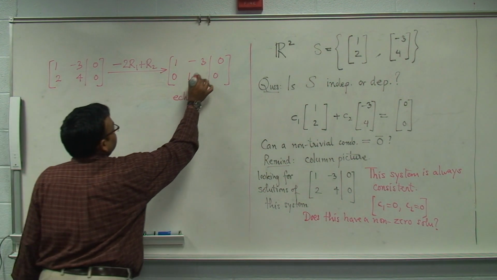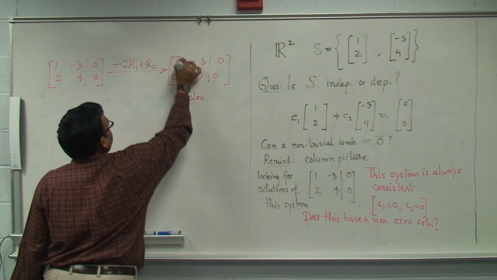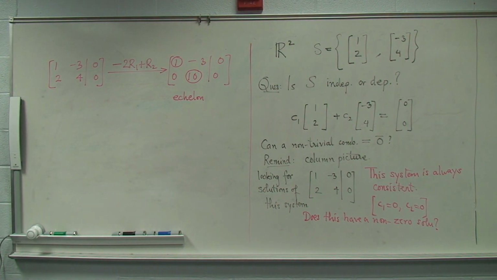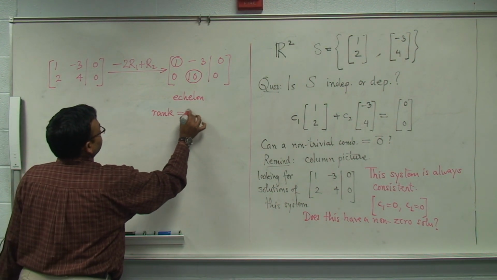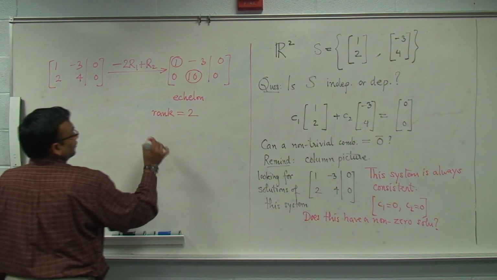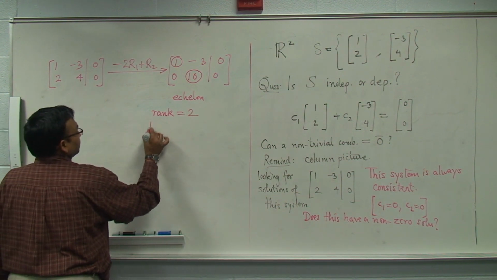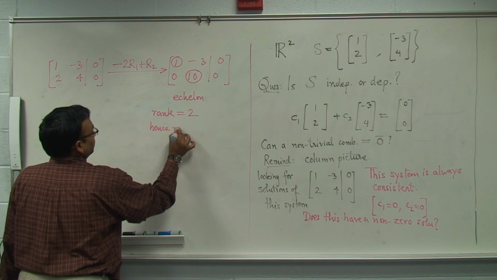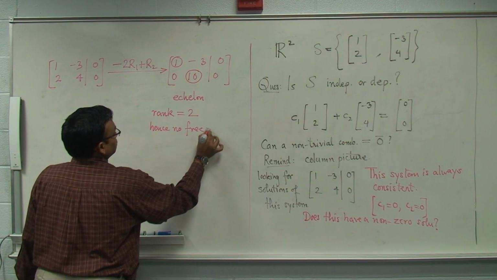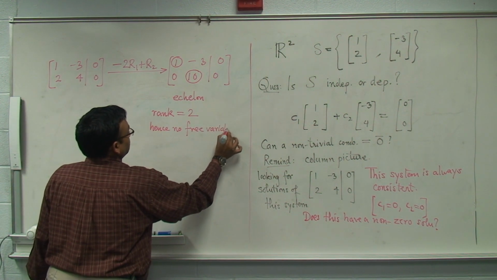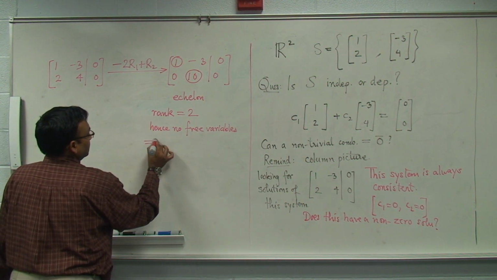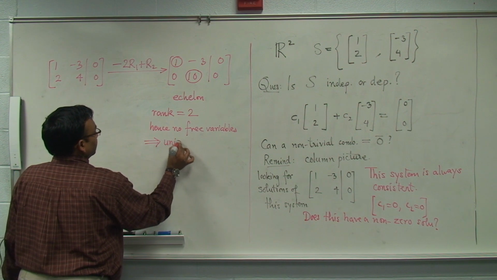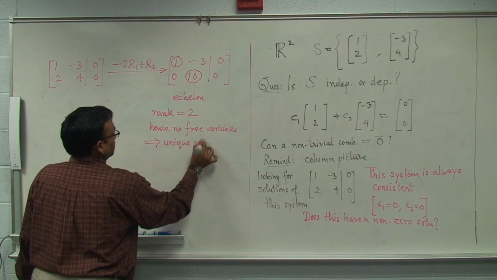We know that 10 is a pivot, 1 is a pivot. So we have two pivots. So that means the rank of this matrix is 2. So it has full rank, hence no free variables. The moment I have a no free variable situation, that means it must have a unique solution.